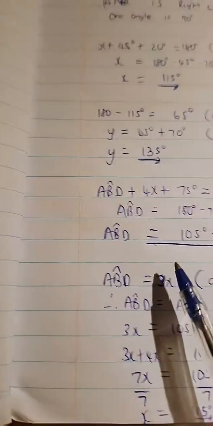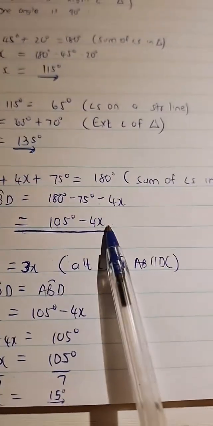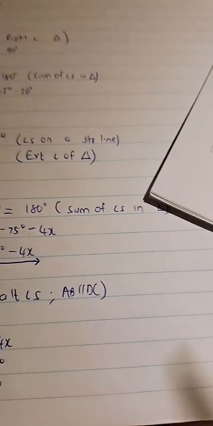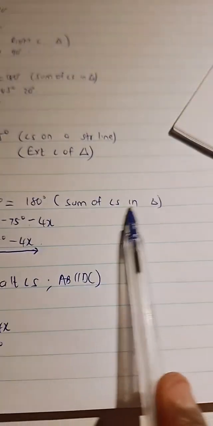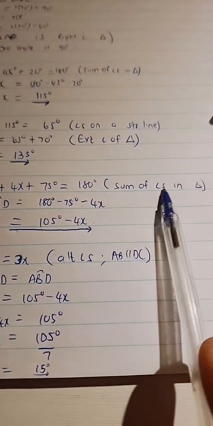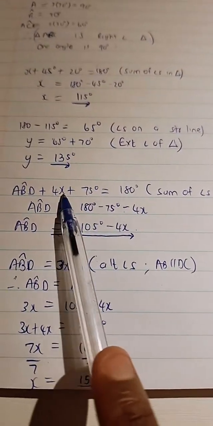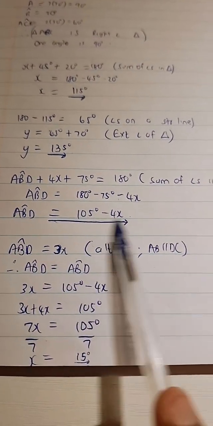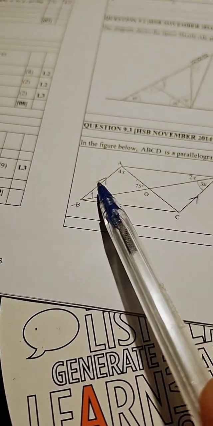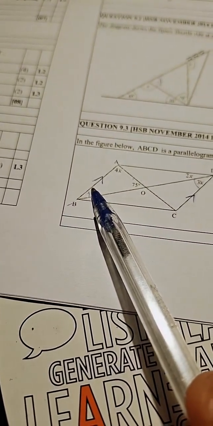For angle ABD, we got 105 minus 4x. We wrote the reason: sum of angles in a triangle. After transposing the values, we got angle ABD in terms of x, and we updated our diagram with 105 minus 4x.